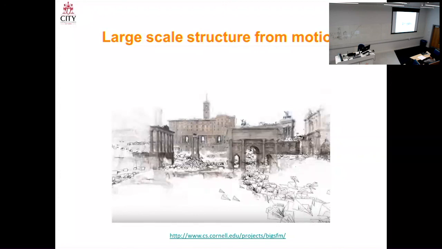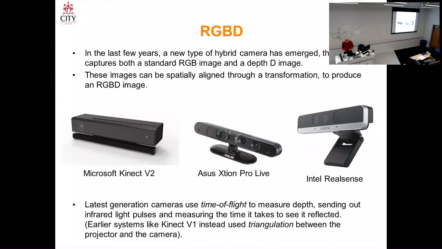Then they used structure from motion to estimate where all the cameras were, and to fuse all of those images together to create a 3D representation from a huge collection of Flickr images. You see a large world environment, like a city, and they were able to do that using structure from motion. So super cool application. Please check it out.